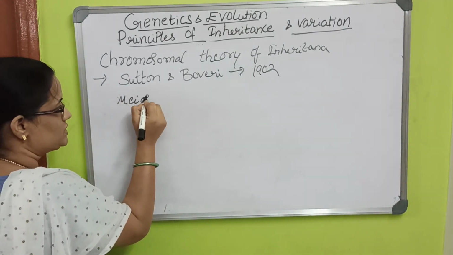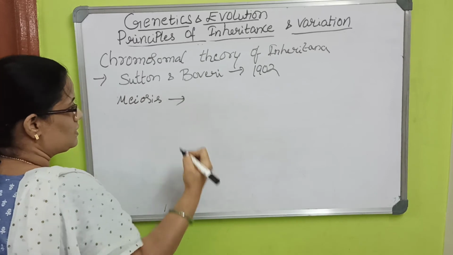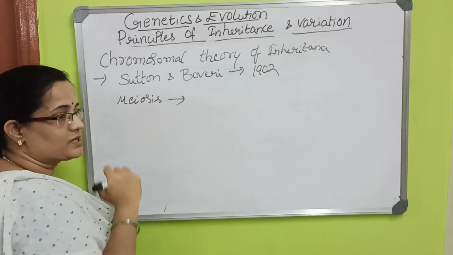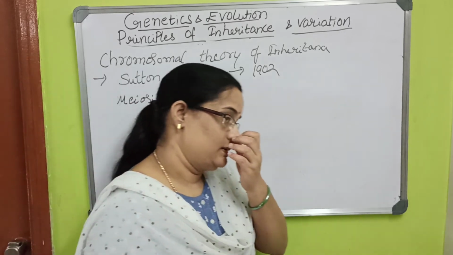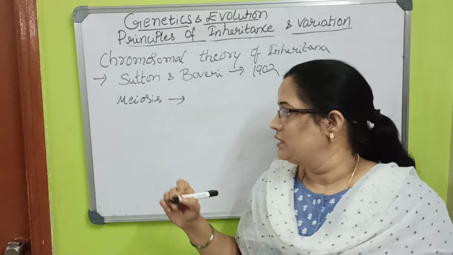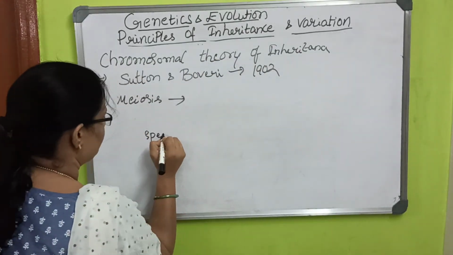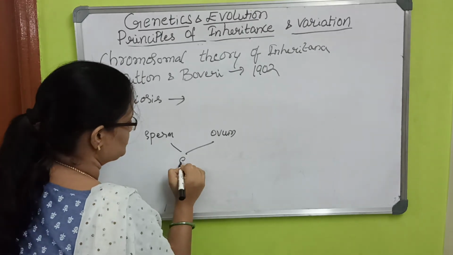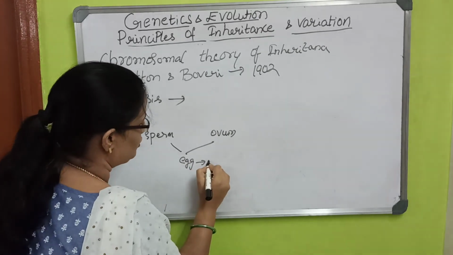The meiosis happens in reproductive organs, when the male sperm and female ovum form the egg. This is a zygote.